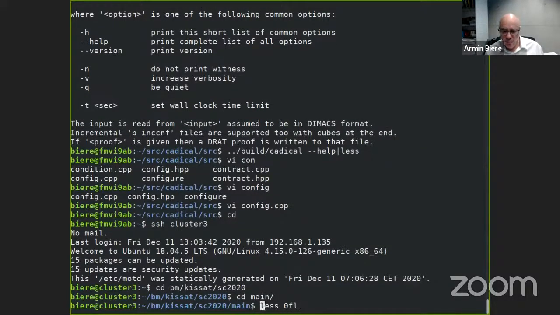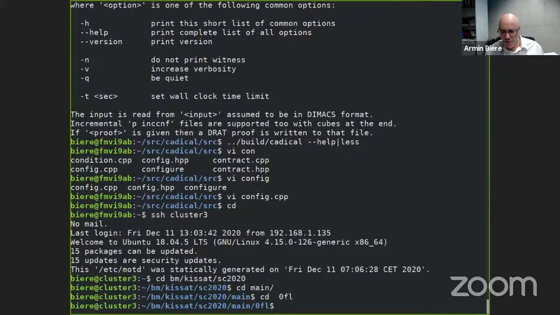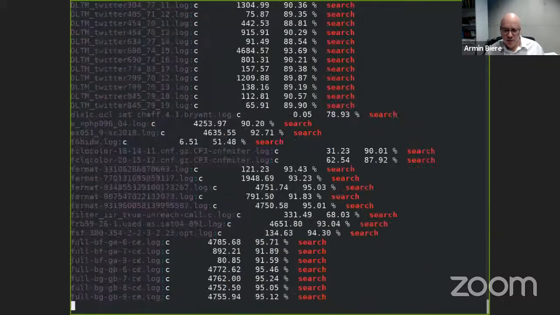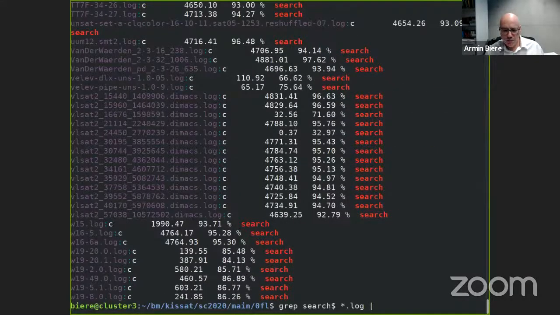This is the version which was in the competition, but with profiling information showing. Now if I go here for search, in these log files I get this profiling: time and percentage spent in search.